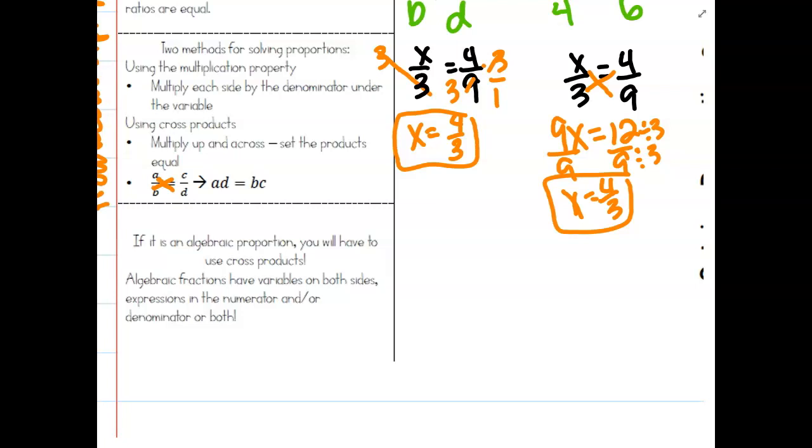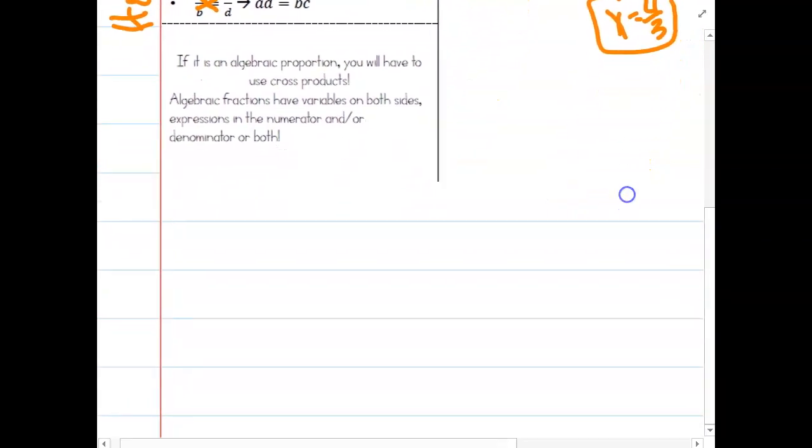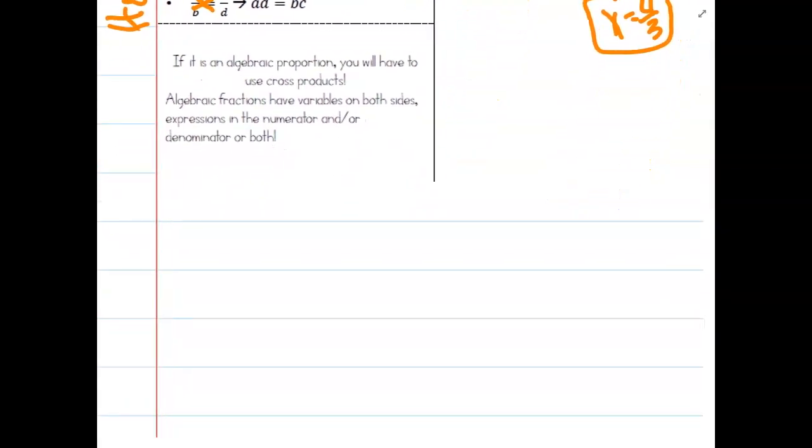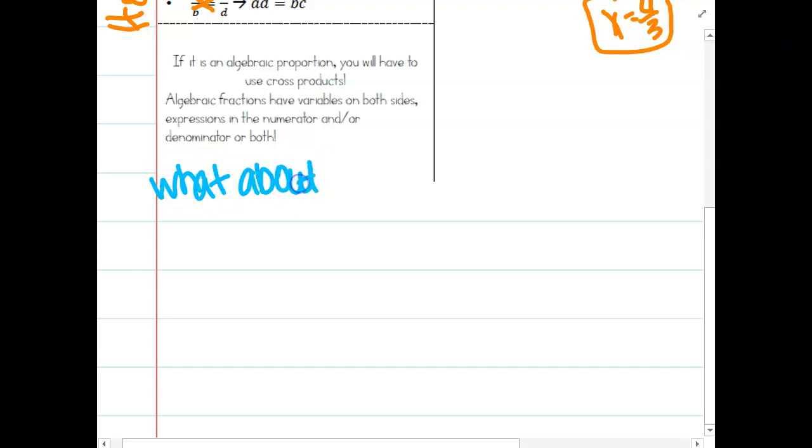Now, like I said, though, there's going to be some times where it's not possible to do the cross product property. If you have what I call an algebraic proportion, you cannot use the multiplication property. So in that last flap, we're going to write, what about algebraic proportions?